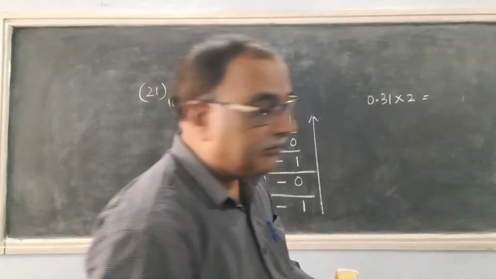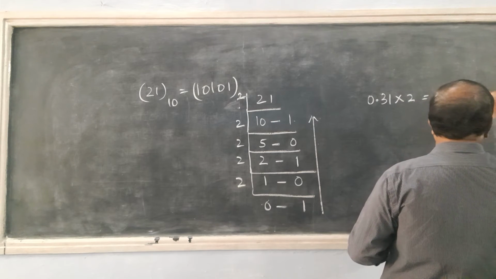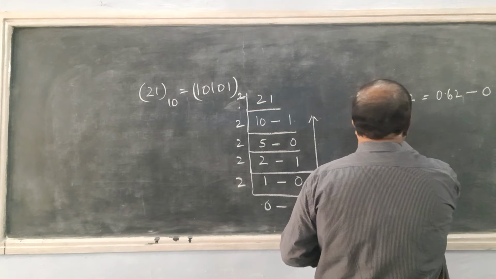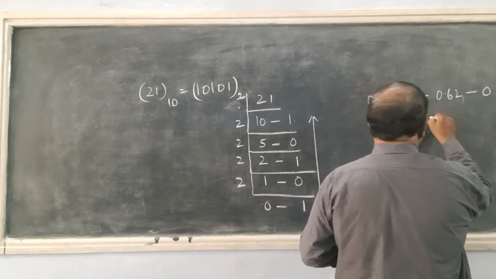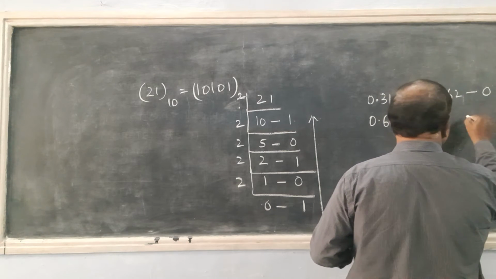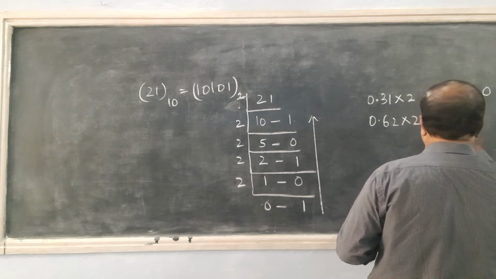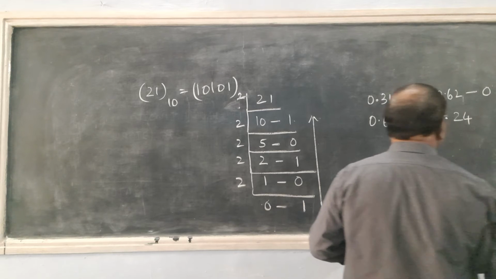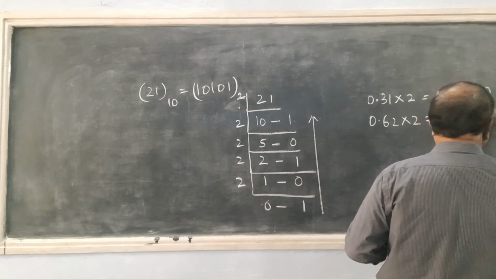So it is 0.62. There is no integer part, right? So if you take that again times 2, it is 1.24. Now you write this as a fraction.